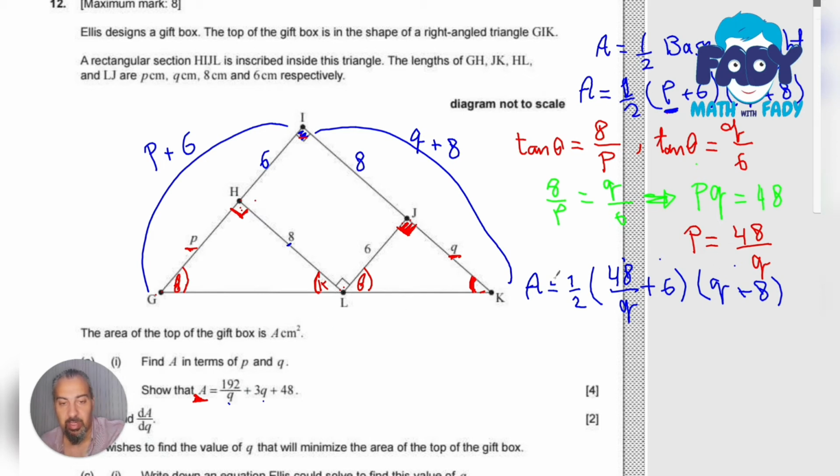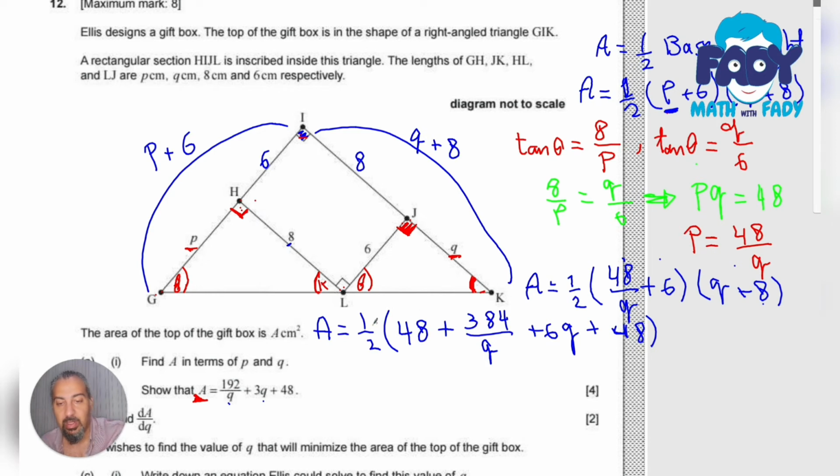Now we will open the brackets, we will keep the half for now. Area equals half, 48 over Q times Q. The Q down here and Q up will be cancelled, so it will be just 48. 48 over Q multiplied by 8 will be 384 over Q. Then 6 times Q, 6Q. 6 times 8 is 48.